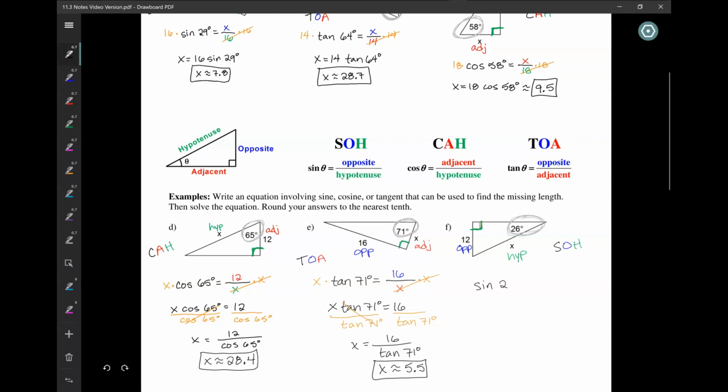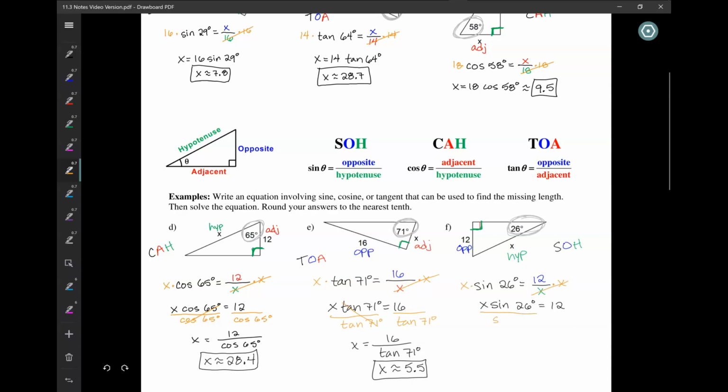Sine of 26 degrees equals, opposite always goes on top for sine, so 12 is opposite, divided by hypotenuse always goes on the bottom for sine, so hypotenuse is x. Have to get x out of the bottom of the fraction, so multiply both sides by x. That gives you that x times the sine of 26 degrees equals 12.